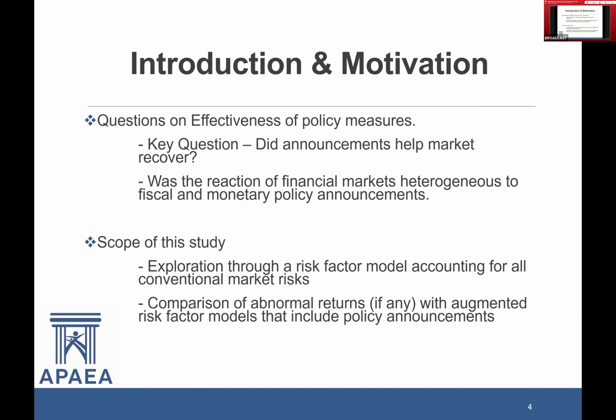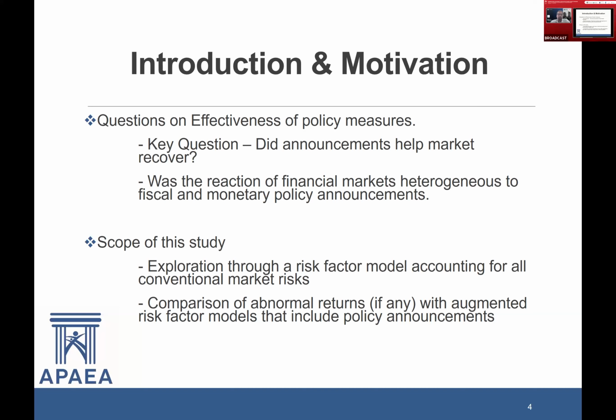And the follow-up question after that is, was the reaction of financial markets heterogeneous to fiscal and monetary policy announcements, or was it homogeneous? The assumption is that it is going to be heterogeneous. And that's where this whole study comes in and explores.